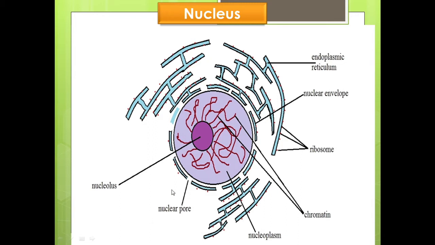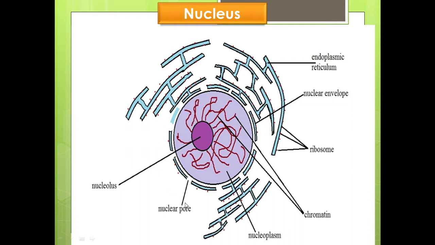The function of the nuclear envelope is that it separates the chromatin material from the cell cytoplasm and helps in compartmentalization of the cell, meaning it forms a compartment which is the nucleus.